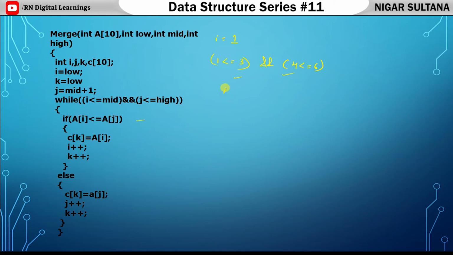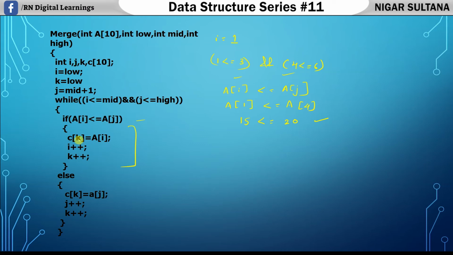Now a of i is less than or equal to a of j. What is my a of i? I is my 1, less than or equal to a of j. J is my 4. Now what is a of 1? A of 1 is 15. I must compare this 15 with 20. This is true.